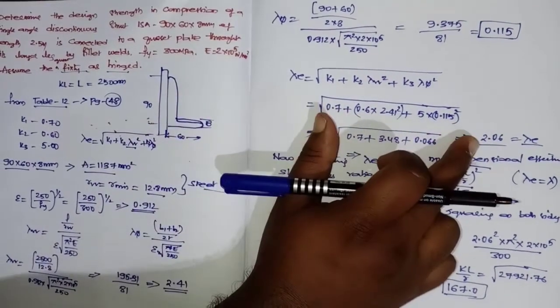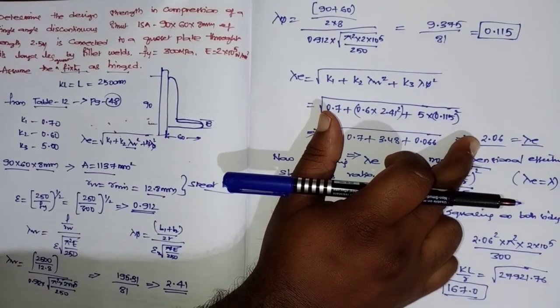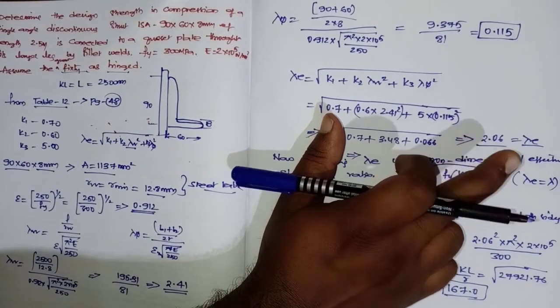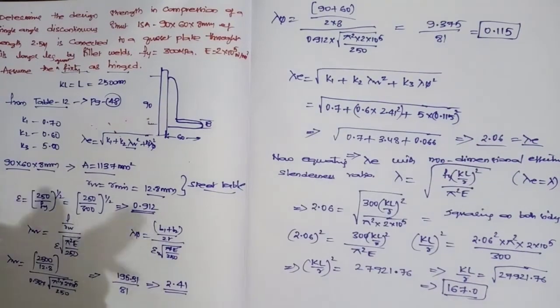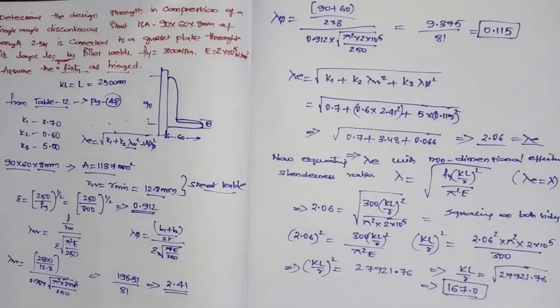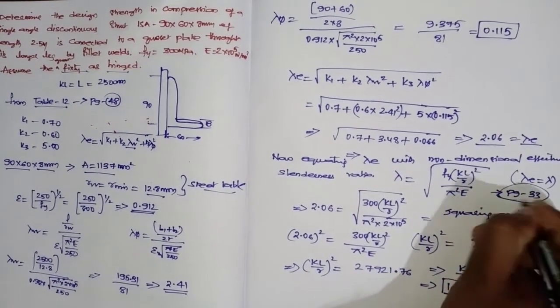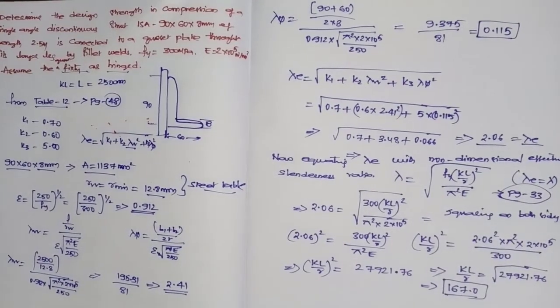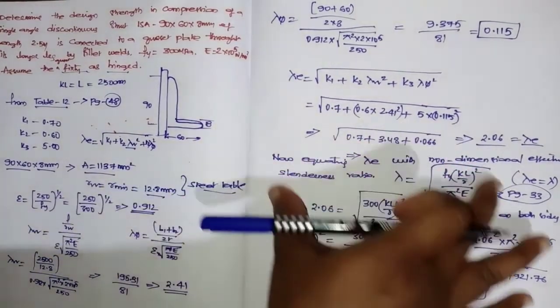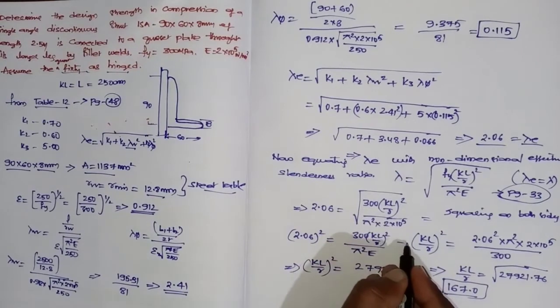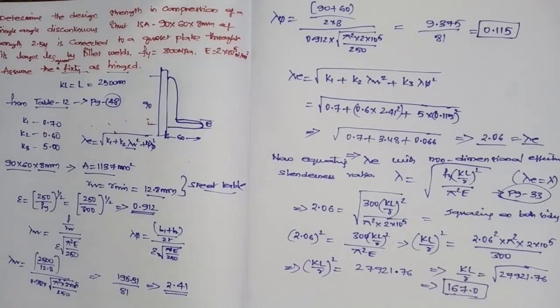Substituting here, you got lambda E, the equivalent slenderness ratio value. After getting this, we equated that with the non-dimensional slenderness ratio as per this formula. This is page number 33 of IS 800:2007. After solving everything, you got the equivalent slenderness ratio 167.